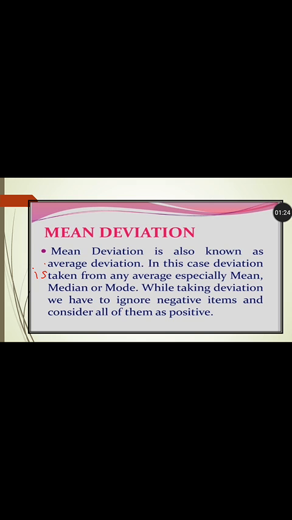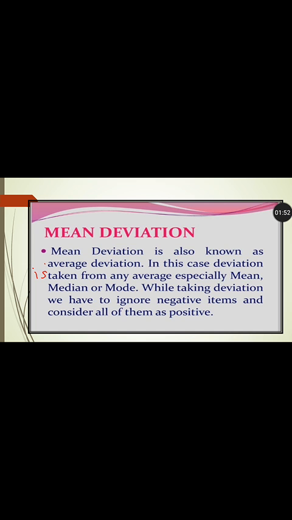While we are taking the deviations, we are ignoring the negative signs and we consider all of them as positive. Normally, 15 minus 20 is equal to minus 5, we write it as minus 5. But here under mean deviation, we are going to consider all the values as positive. We are ignoring all the negative signs.